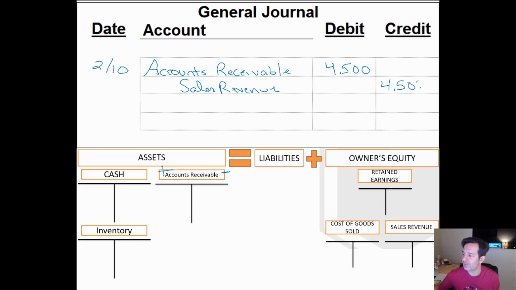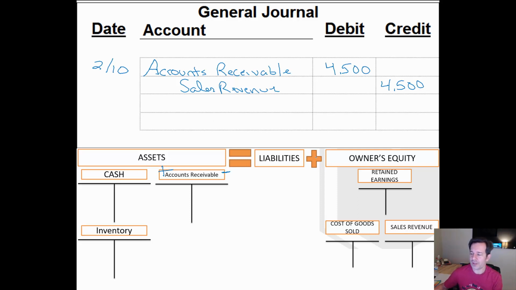Sales revenue generally refers to us selling a product, a physical, tangible product. Maybe if we're Kings Island, it could be ticket revenue. Or maybe if we're Great American Ballpark in Cincinnati, maybe we have concessions revenue and ticket revenue. So we can have different kinds of revenue. The description here, sales revenue, just kind of indicates we're selling a product.